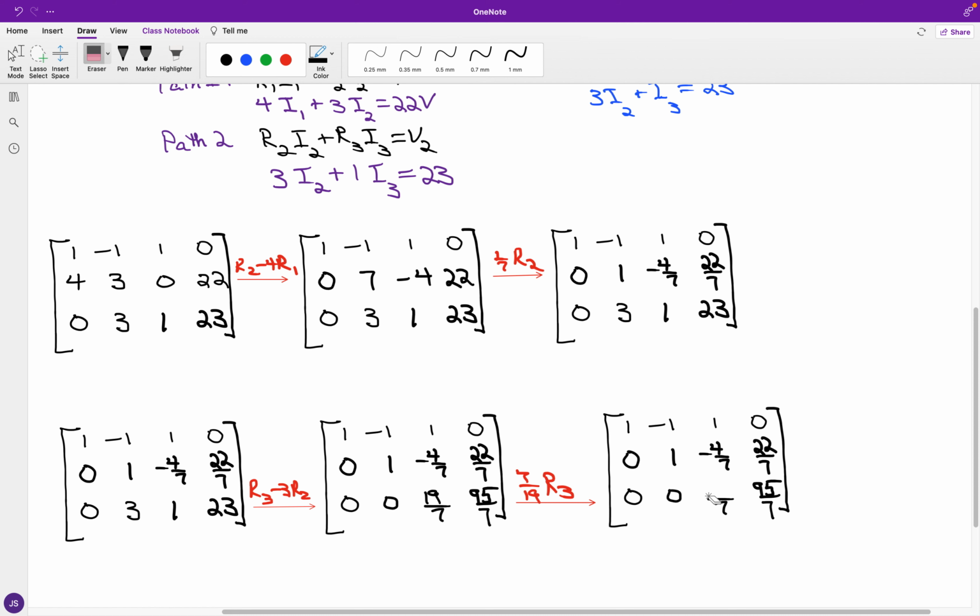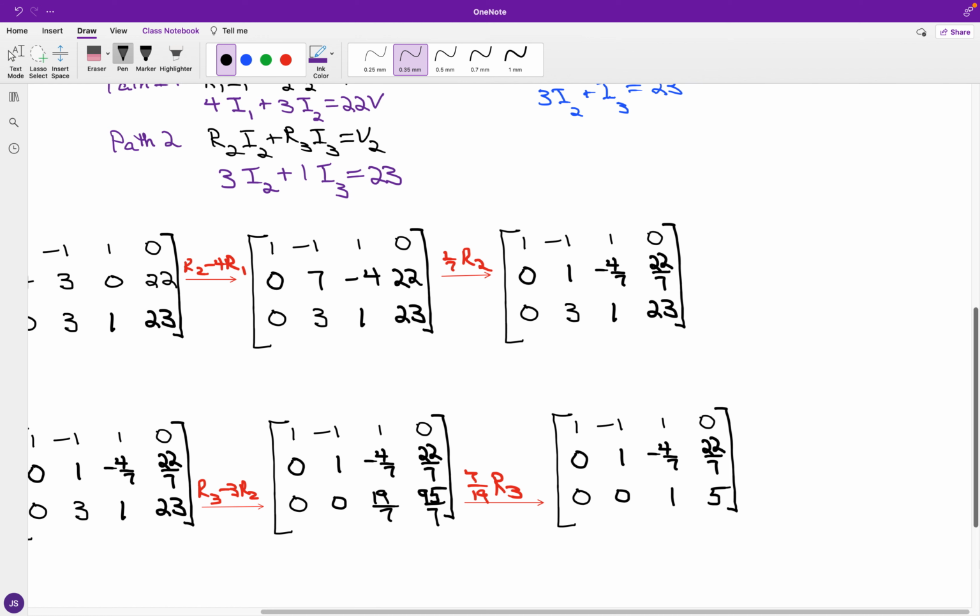And for what I'm going to have at this stage, multiplying by 7 19ths, we have 0, 0, 7 19ths, and 19 sevenths is 1, and that of 95 sevenths is going to be 5.